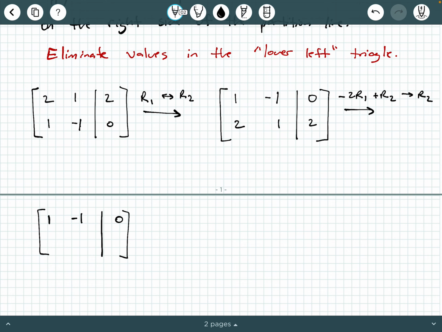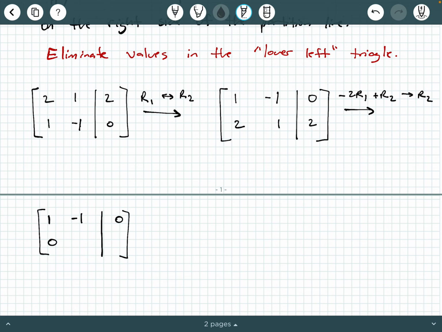So when I say negative 2 row 1, what does that do to this entry? It makes it negative 2, and then I add that to row 2, and so this becomes 0. And I'm not done yet. I have to do negative 2 row 1 across the whole thing. Negative 2 times negative 1 is positive 2.